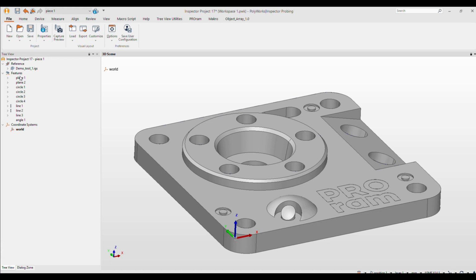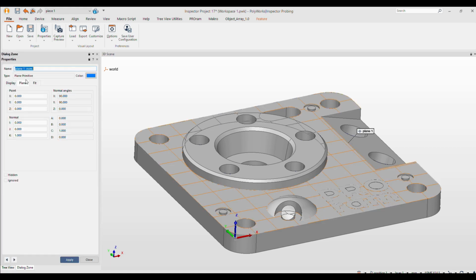Whenever you create a plane in PolyWorks from a CAD model, the software automatically assigns an orientation vector. This vector is defined by its I, J, and K components, which describe the plane's normal direction in 3D space relative to the active XYZ coordinate system.